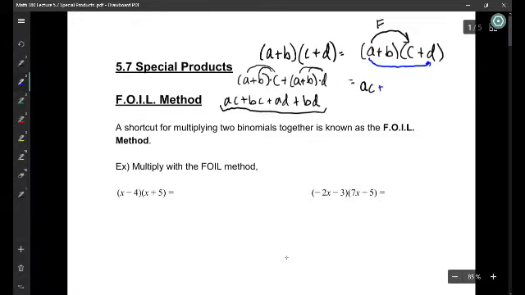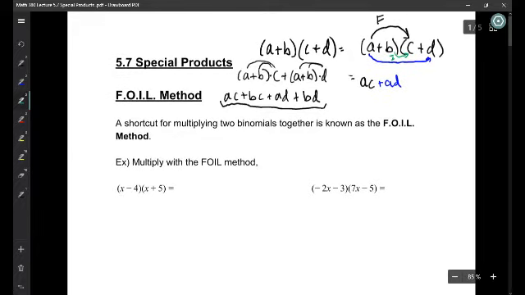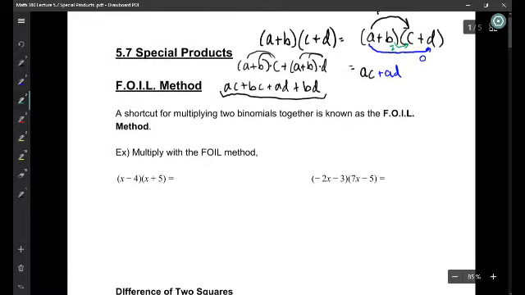So that's plus AD. Then go ahead and multiply these inside terms. Let me label this outside one here with an O. And that's an I there for inside.